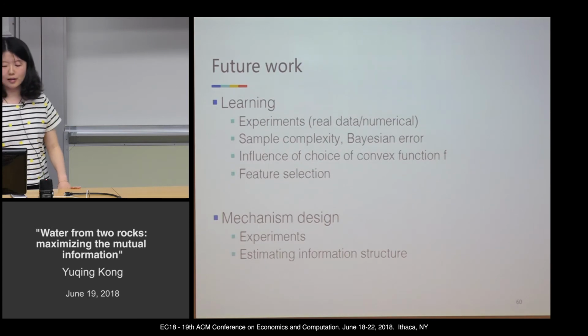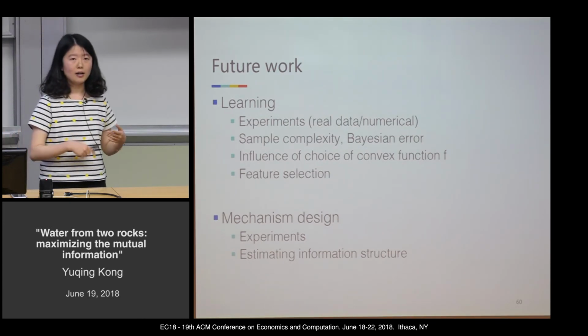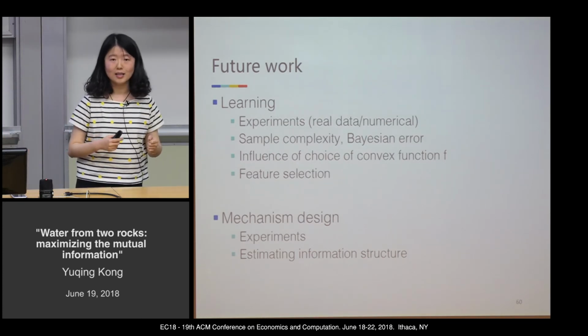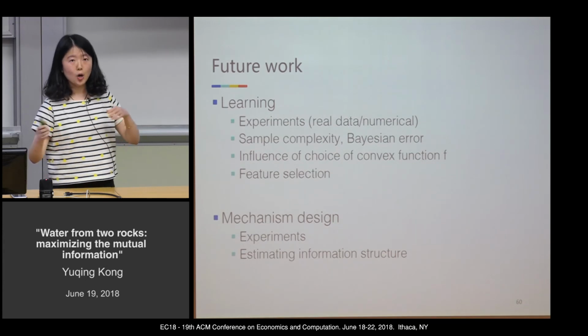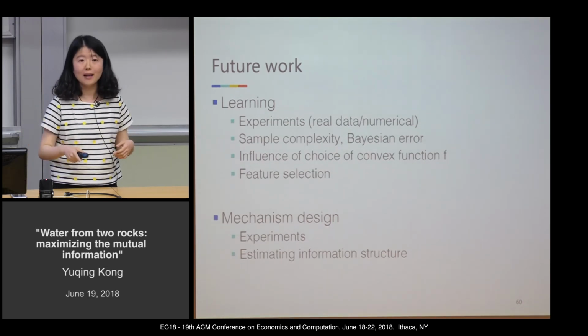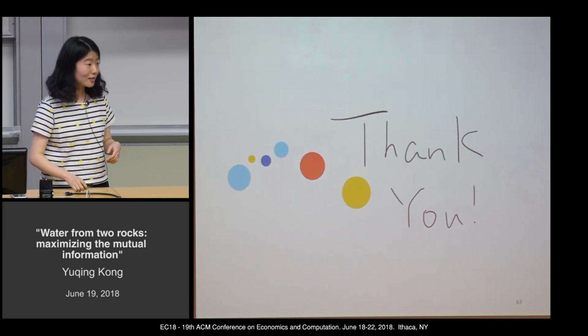And also, we want to apply it in feature selection. And in the mechanism design part, in addition to the experiments, we also want to explore more about how to estimate the information structure, meaning that we do not need any private information to know who is Alice's reference agent, whose information is conditionally independent with Alice. Okay. Thanks.